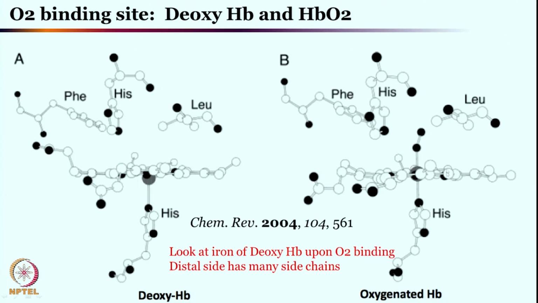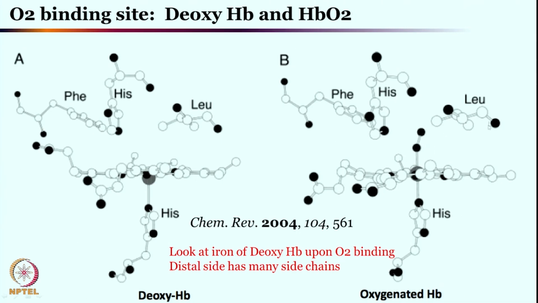Okay. Once the oxygen is binding with iron, of course at the first step there will be oxygen binding without any electron transfer, but immediately after oxygen binding, one electron from the iron center is transferred to the oxygen to make it iron 3 plus superoxo. You start with iron 2 plus, you went to iron 3 plus superoxide species.